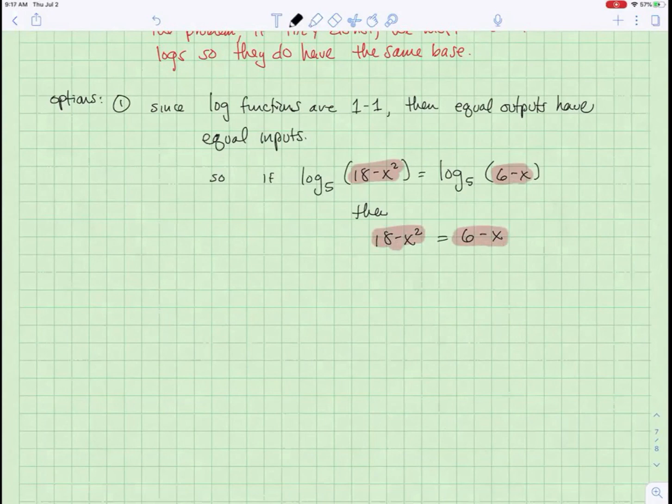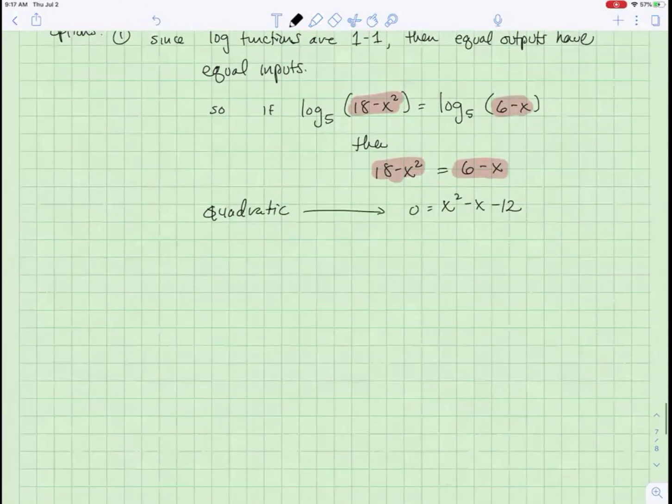That's a property of one-to-one functions. Here, if we bring everything over to one side, we're going to get x squared minus x minus 12. And this is now quadratic. And this one actually factors. This is x minus 4 times x plus 3, in which case x is equal to 4, or x is equal to negative 3.